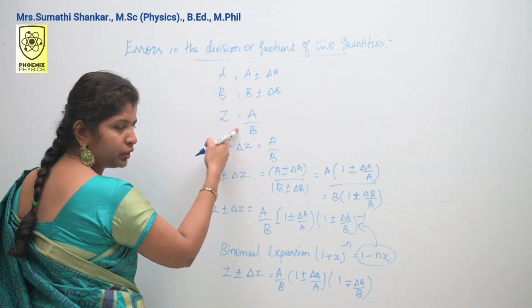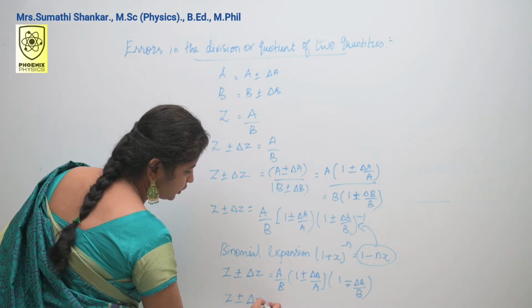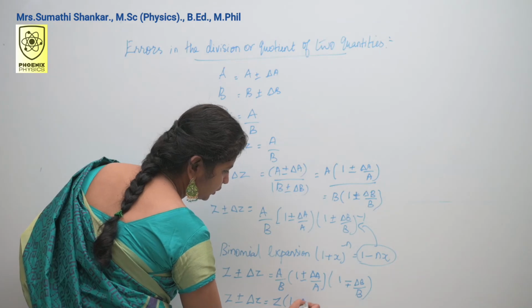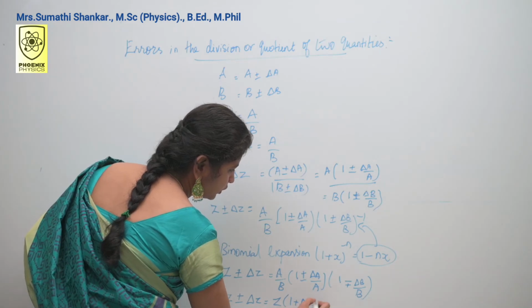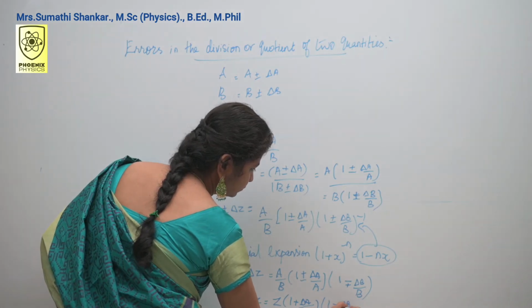A by B is nothing but Z. Substitute: Z plus or minus delta Z is equal to Z into 1 plus or minus delta A by A, 1 minus or plus delta B by B.